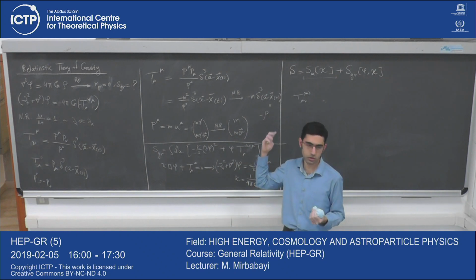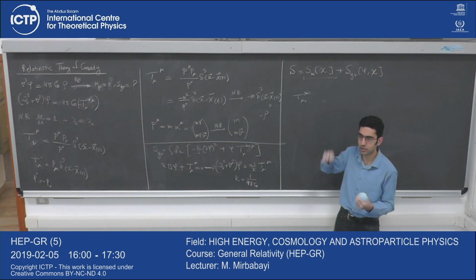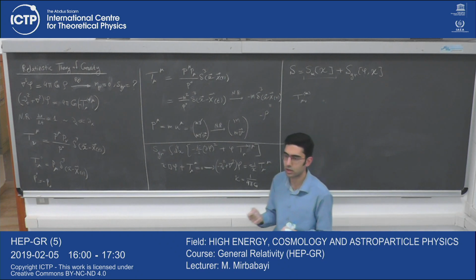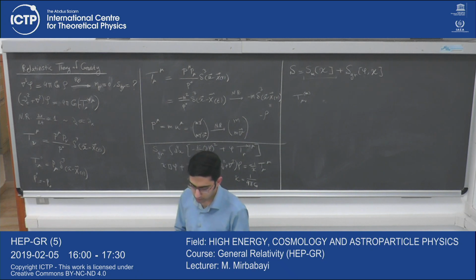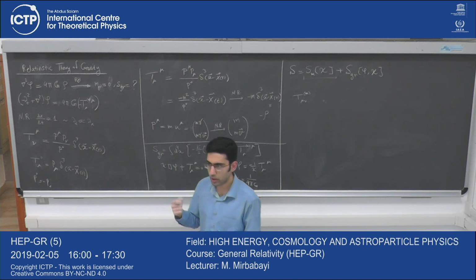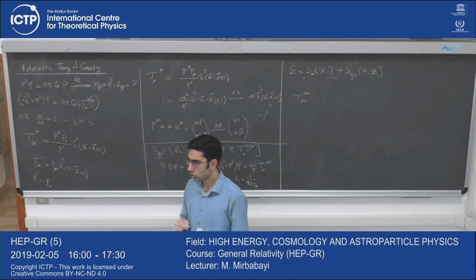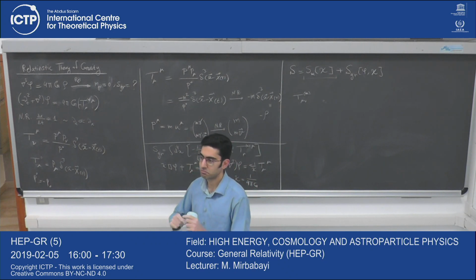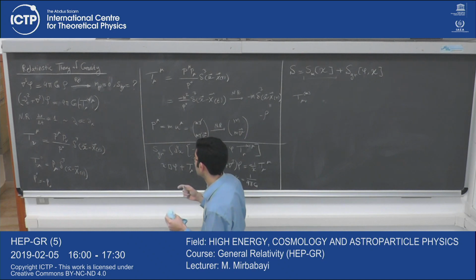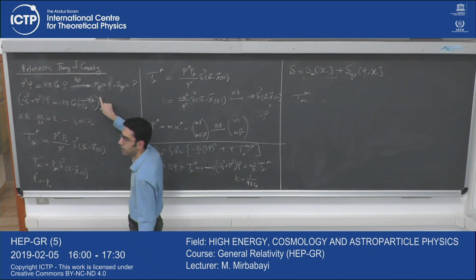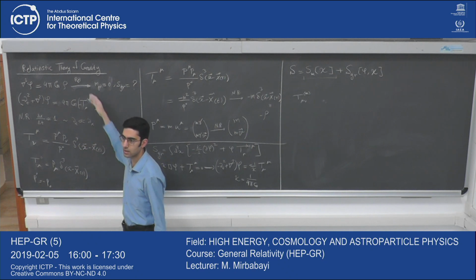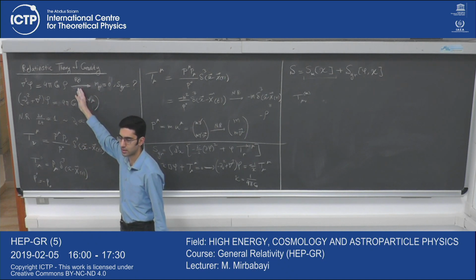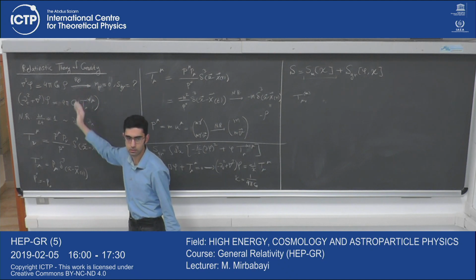If you have a perfect fluid with no dissipation, you can write an action and derive the perfect fluid energy momentum tensor by using Noether theory. What you can do is to verify that this trace of T mu nu for a non-relativistic fluid indeed, to a good approximation, reduces to the mass density.